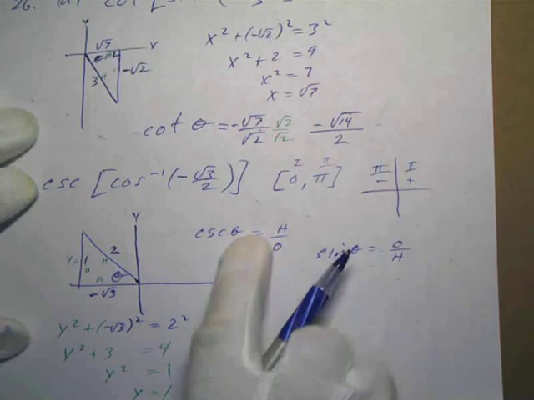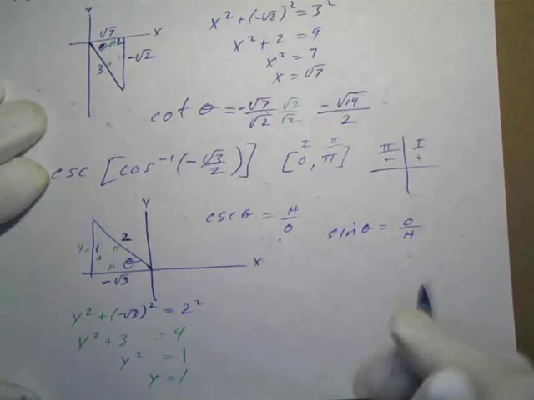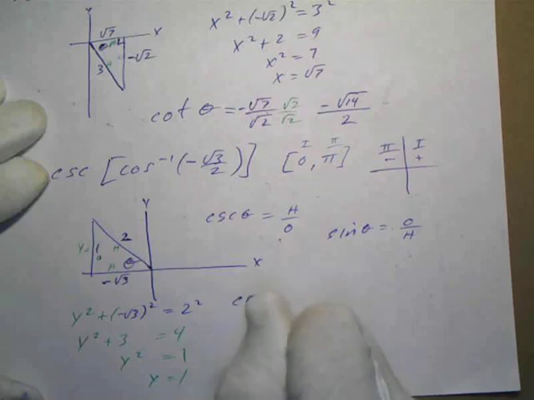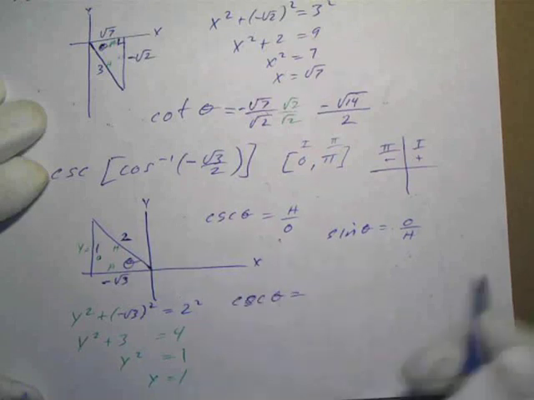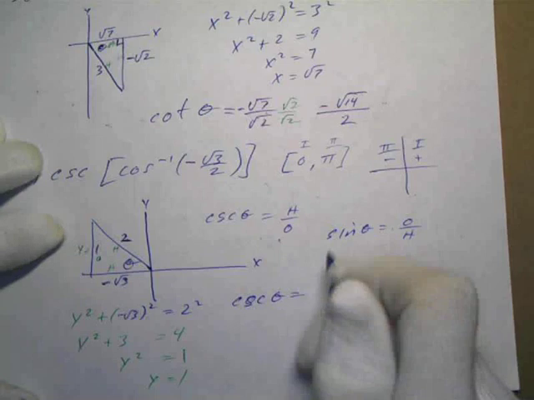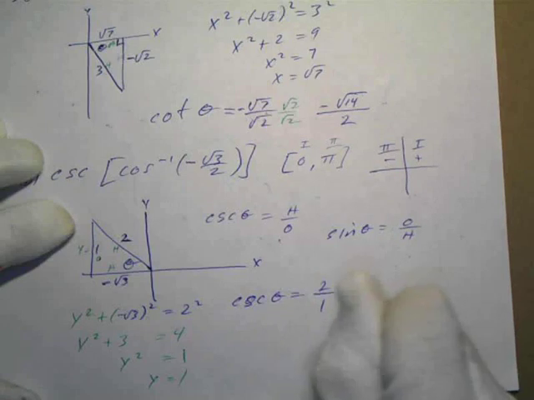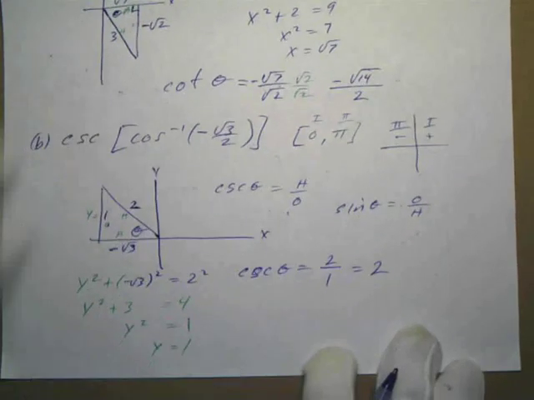And the cosecant is the reciprocal of that, so hypotenuse over opposite. So what's my hypotenuse? The hypotenuse is 2, and the opposite is 1. So it's just 2. That was nice. Okay, so the answer is 2.